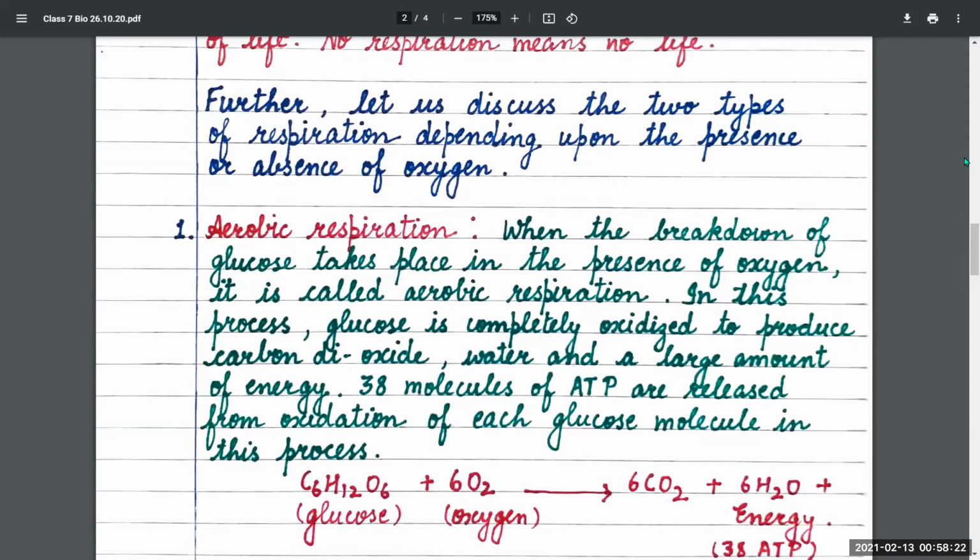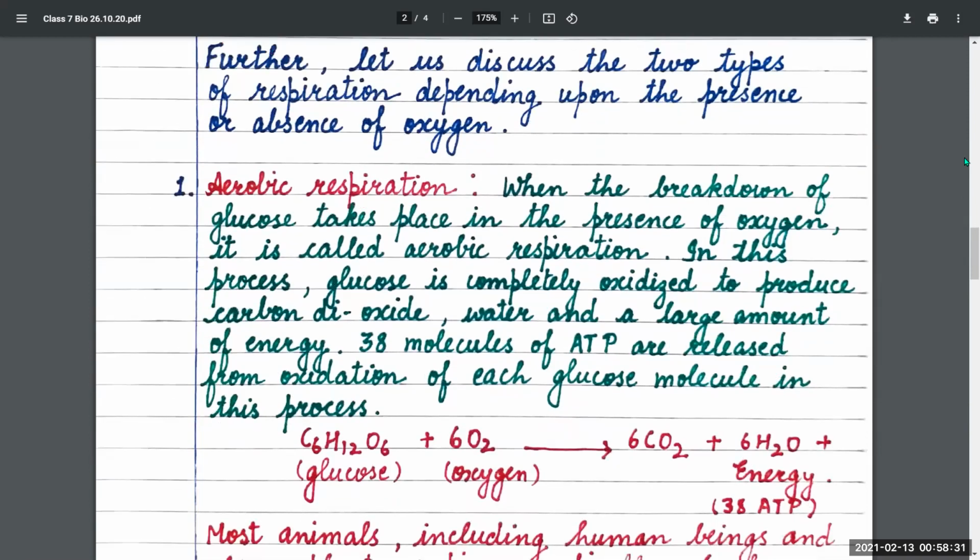In this process, glucose is completely oxidized to produce carbon dioxide, water, and a large amount of energy. 38 molecules of ATP are released from oxidation of each glucose molecule in this process.